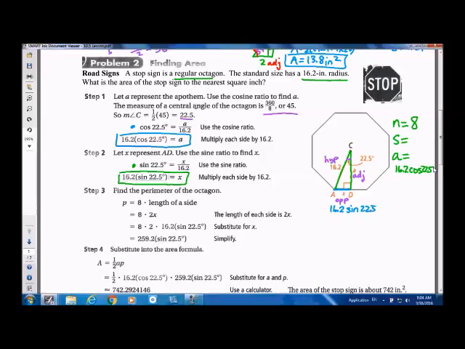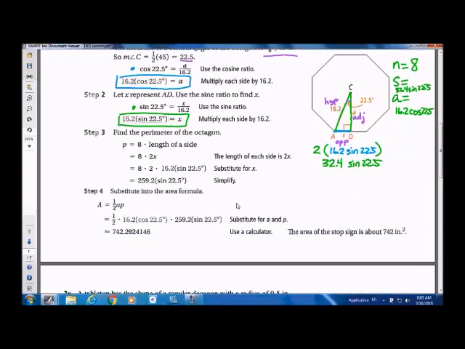That is just this little length. To find our side length, we need to multiply that times 2. So this becomes 32.4 sine 22.5. So our side length is 32.4 sine 22.5.